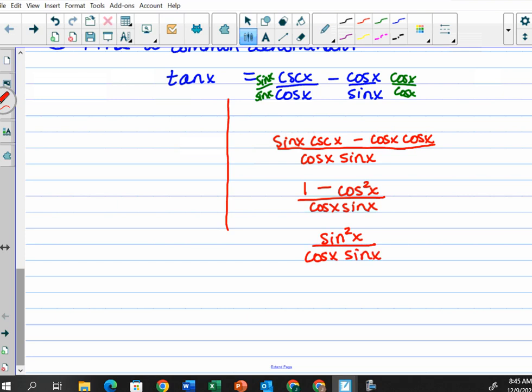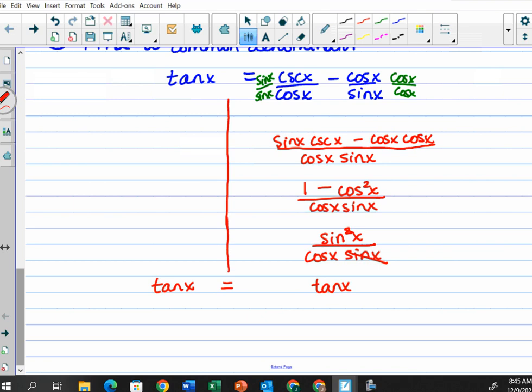And then you get sine over cosine. Everybody okay with sine squared over cosine sine? Pythagorean identity, and then can I cancel out a sine? Yeah, so that's gone. What is sine over cosine? Tangent. And look, where were we going on the left side? Tangent. We're not going anywhere.